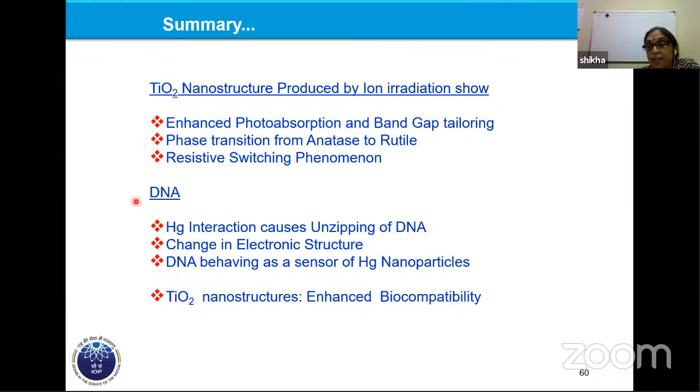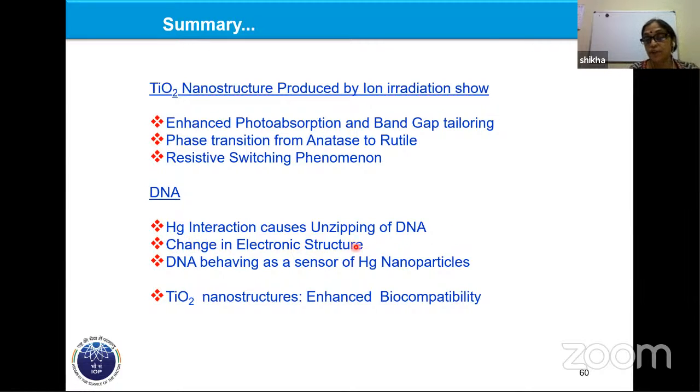And in the case of DNA, this is the nanobio part, where we are doing a bottom-up approach in preparing the silver nanoparticles. And silver nanoparticles are getting generated via the mercury interaction, which causes the unzipping of DNA. DNA basically opens up and the Hg gets impregnated in the DNA.